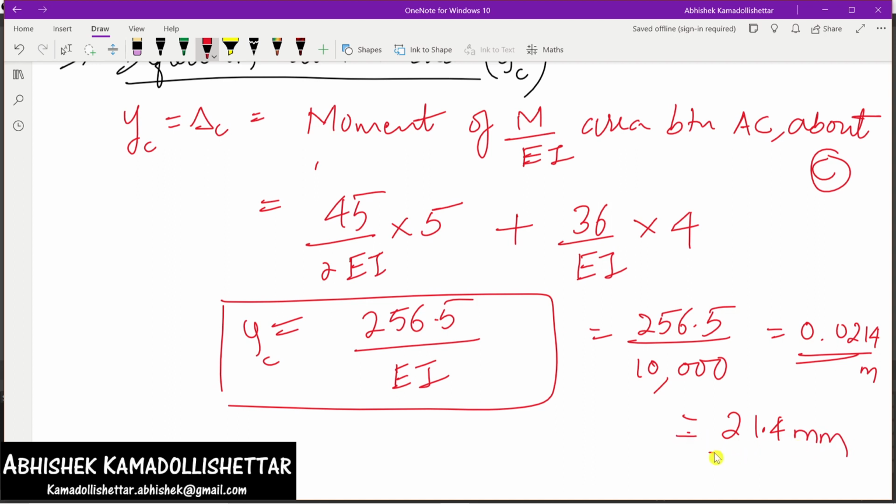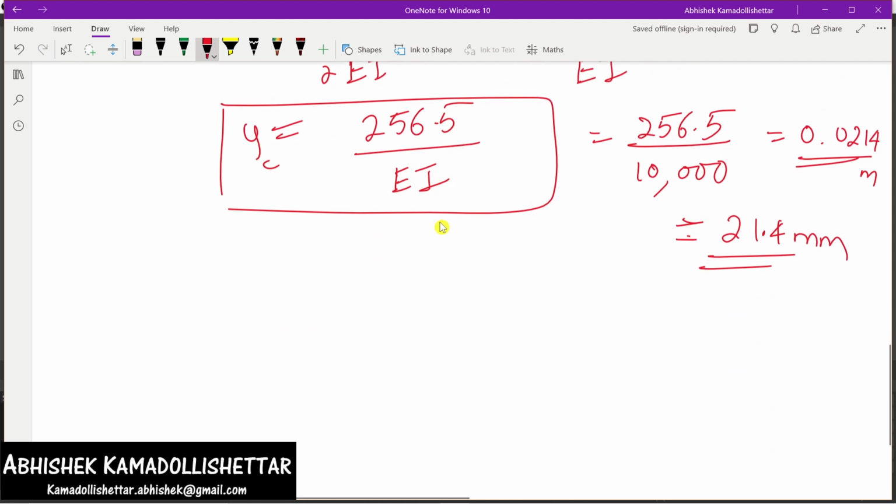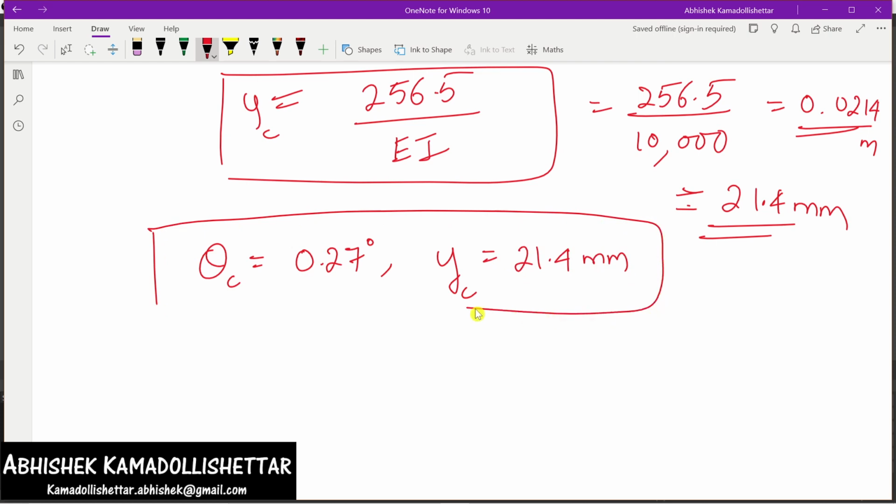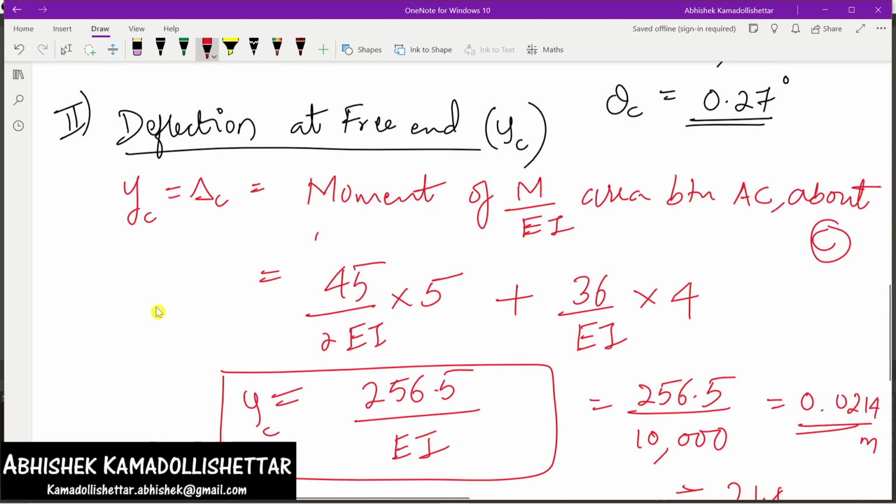So finally we got the slope theta C as 0.27 degrees and the deflection YC as 21.4 mm. I hope you understood the method of the principle of superposition.